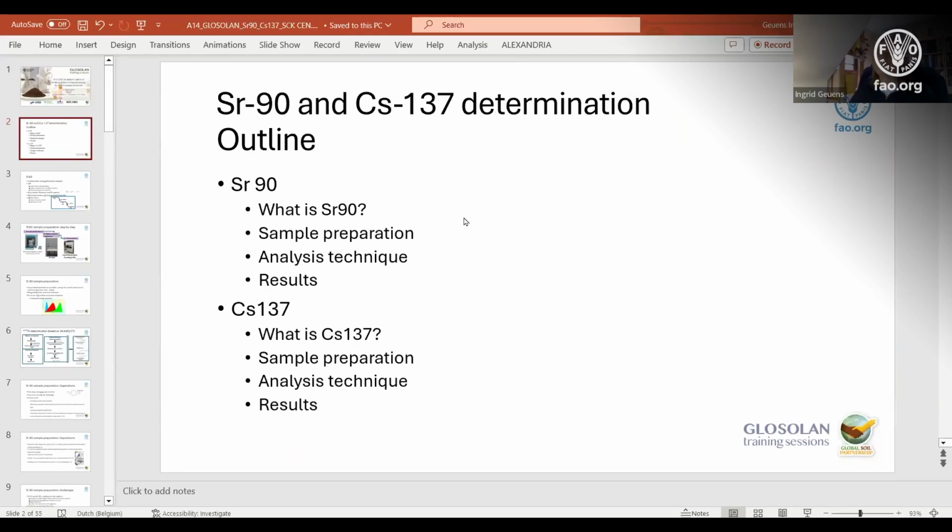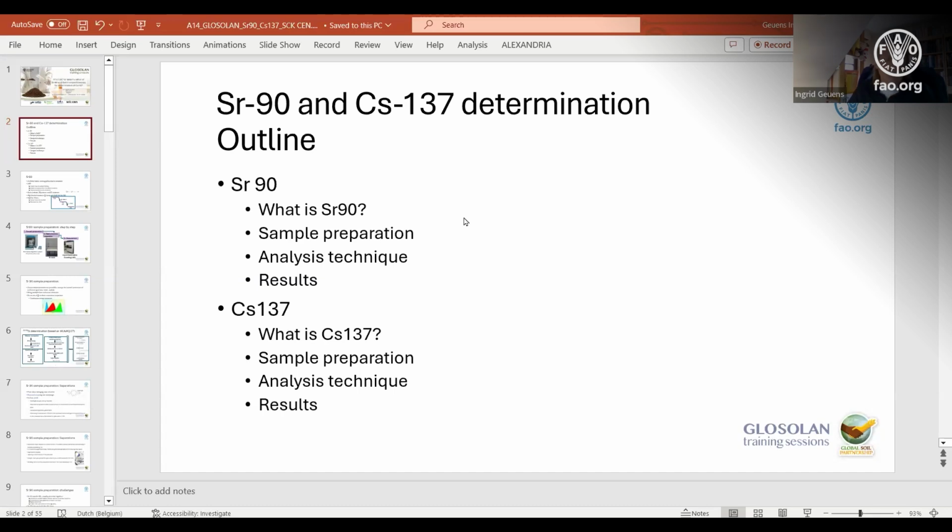So first of all, I wanted to go over strontium-90. What is strontium-90? How to do the sample preparation in order to be able to determine this isotope, which analysis technique is used, and then just to show you some results which you should be able to obtain.